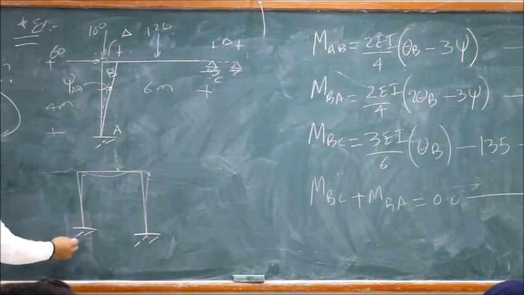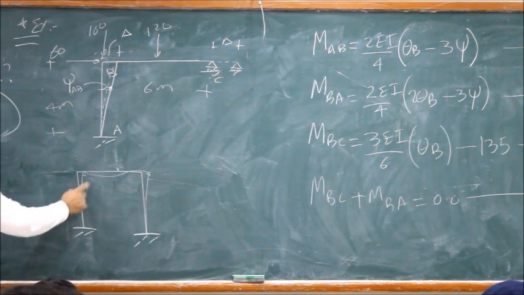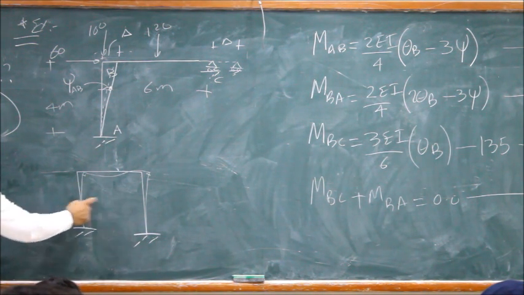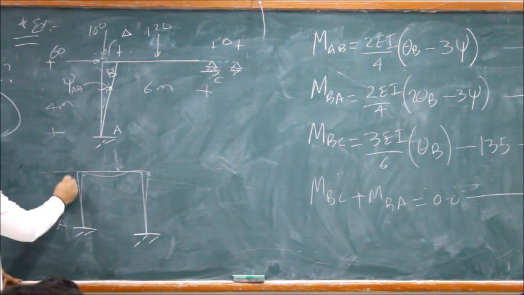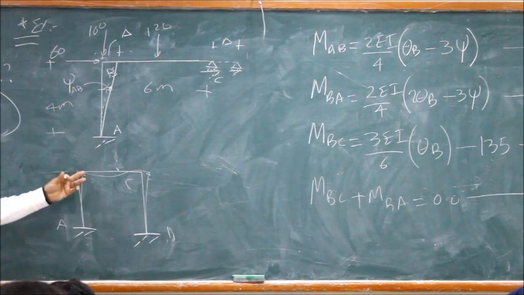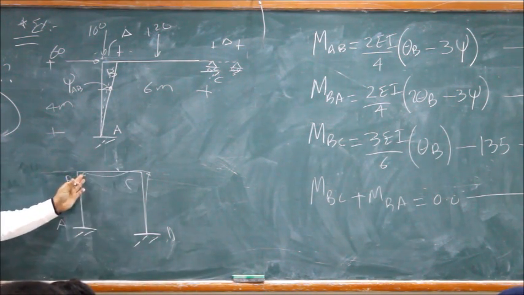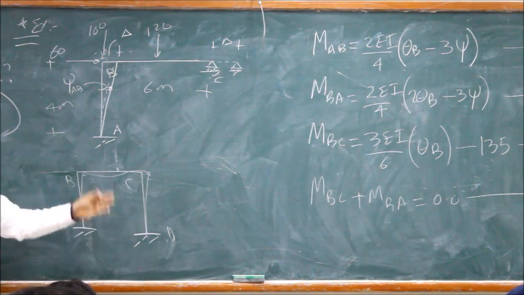Anyway, what do we have in here? If you count, all of them are interior spans or end spans with far end fixed. We have MAB, MBA, MBC, MCB, MCD, MDC. So we have 6 equations, 2 for each segment.